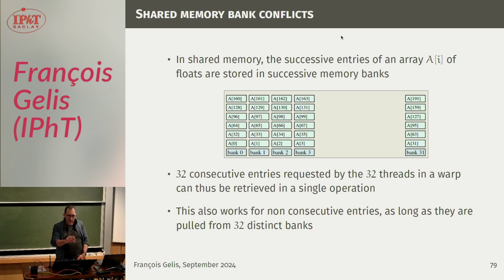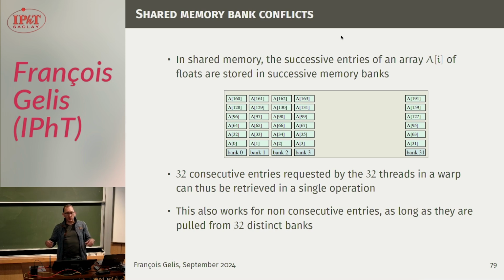This layout of the array in shared memory, you don't have to do by hand. It's done by the hardware, and it's not something you can control. But the consequence of this arrangement is that if you have 32 threads that read 32 successive entries of this array, by design these 32 reads will be in 32 distinct banks, so they can be done in a single memory operation.